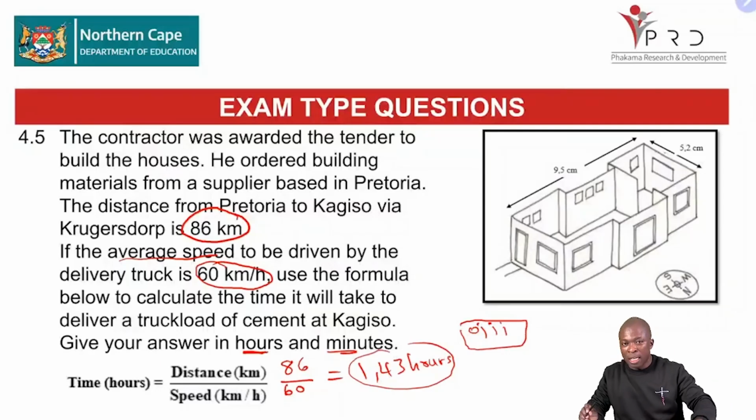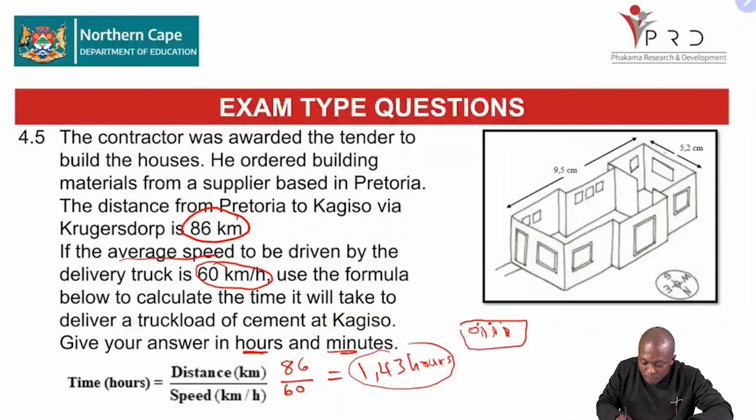It's next to your left. If you can find this small button, it will help you a lot. All you need to do is to press that button. And if you have 1.43 hours on the calculator and then you press this button, you will see that it is 1, then you have 26, then you have 0.